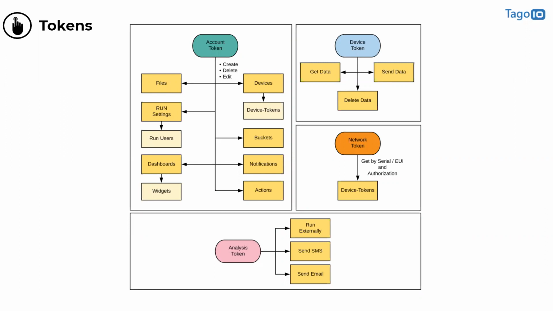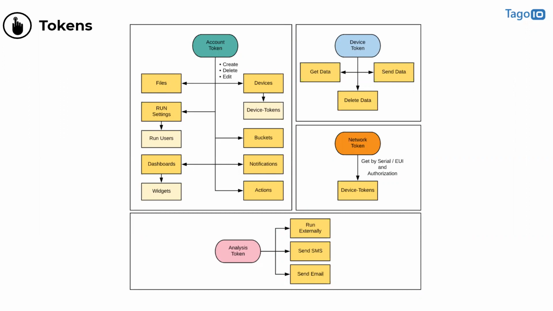Next one is the network token. The network token is only used if you create a network on Tago inside the integrations page. What the network token does is give access to any device token created under that network.